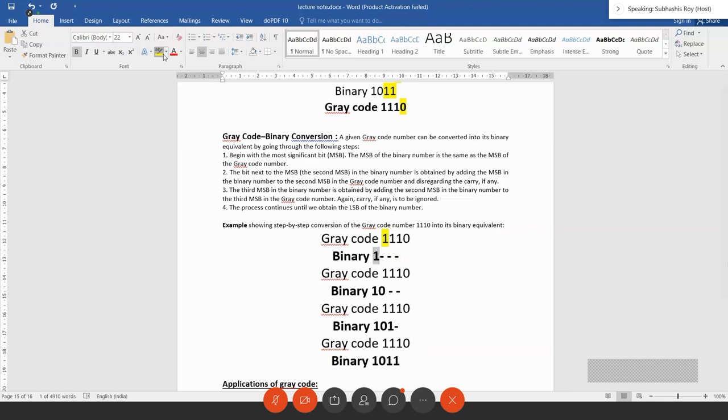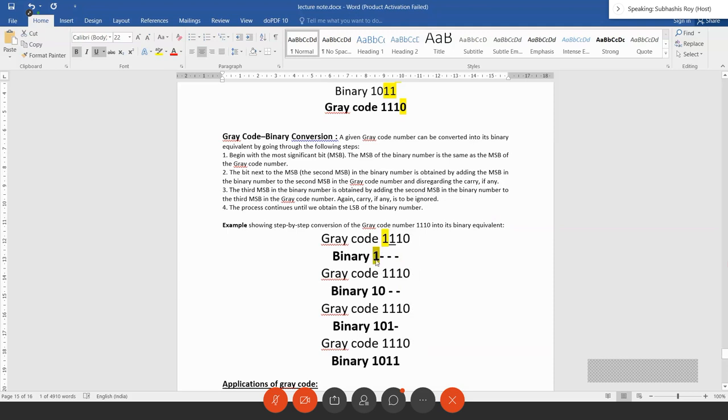What will be the next one? In the binary position you add this one to the next digit of the gray code. So I underline this one. These two underlined bits are added: 1 plus 1.